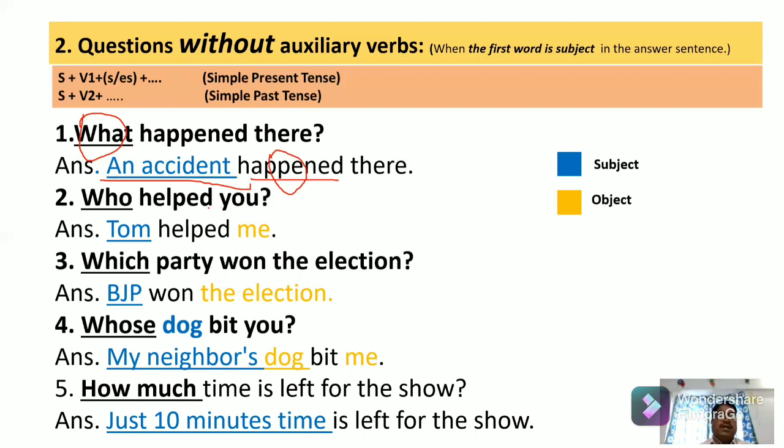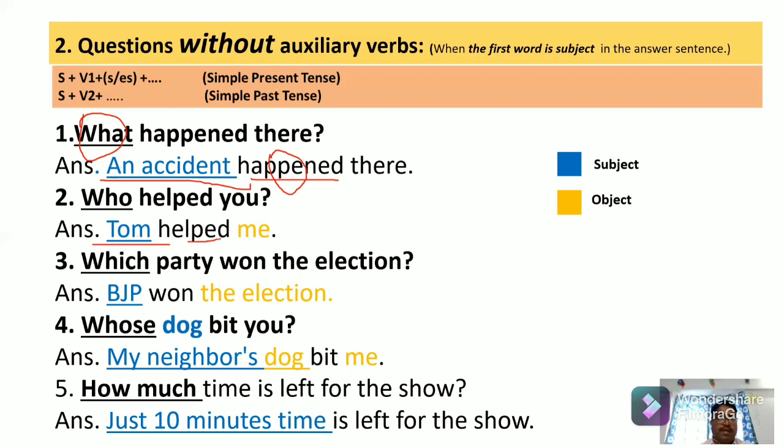And now let us see the answer. Who helped you? The answer could be Tom helped me, my father helped me, my friend helped me, right? And what is the first word? Tom. The word Tom is the subject of the sentence. Tom helped me.